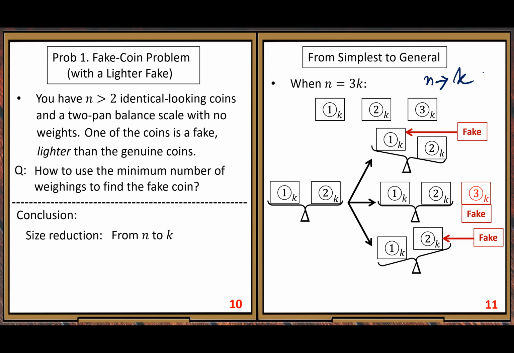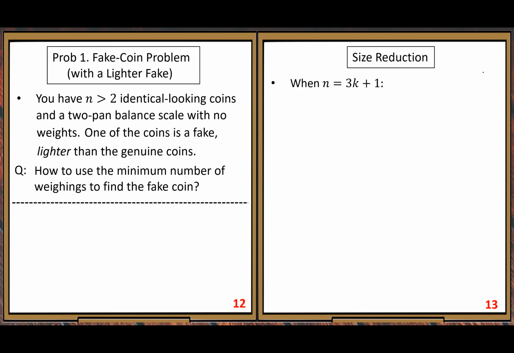Okay, from n to k. Yeah. How to handle the case that n is not a multiple of 3, remainder 1 or 2? Because we solved the remainder 0 case. Next, we move to the remainder 1 case. All right, this time n equals 3k plus 1.